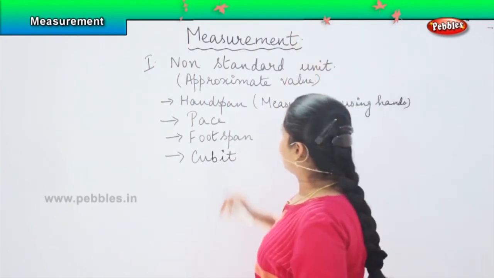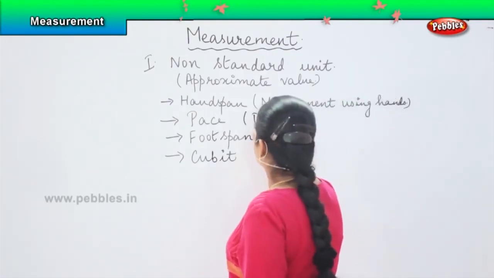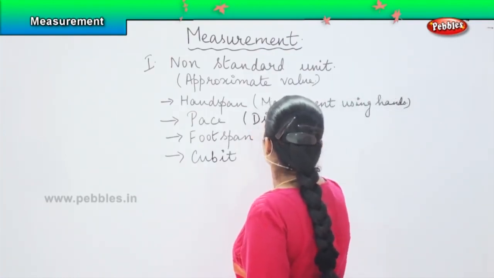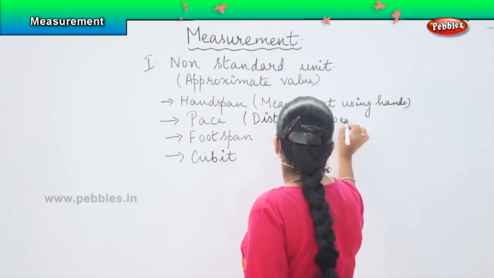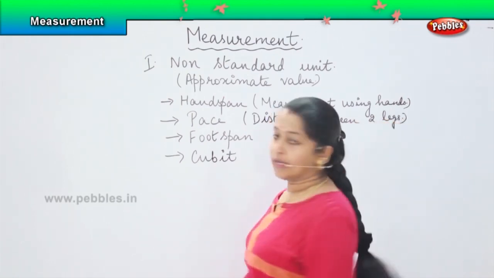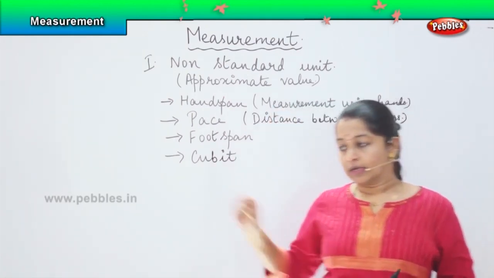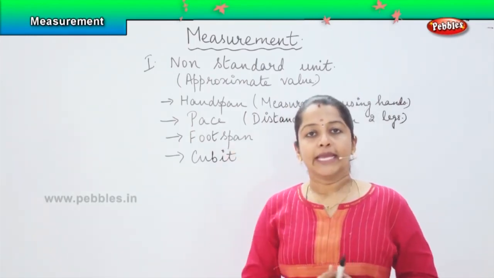Okay. Coming to the next one, that is called pace. So pace is the distance between two legs. When we walk, our speed tells us the pace of a particular area.